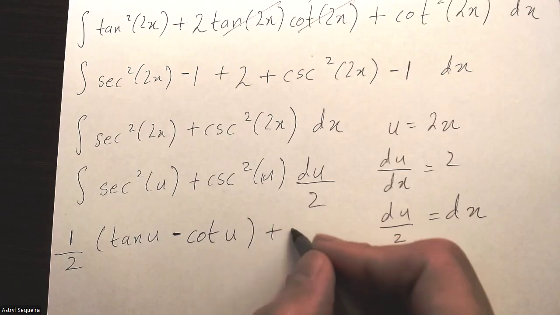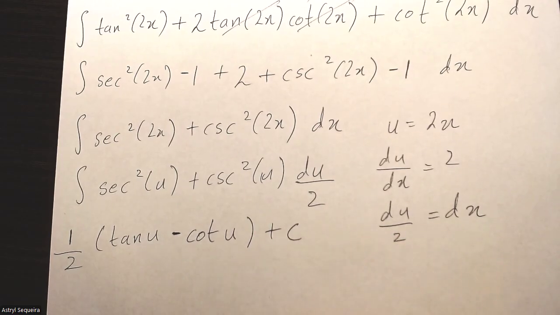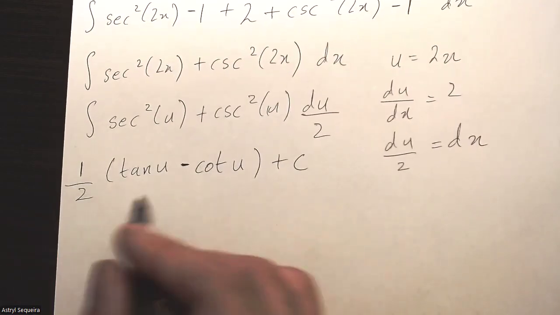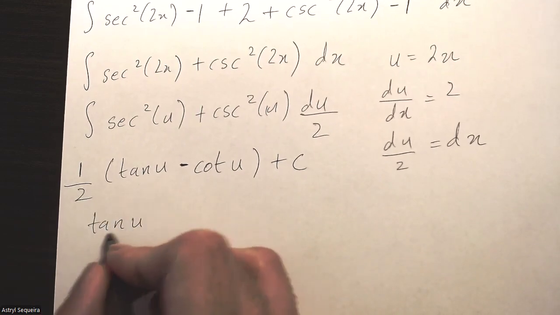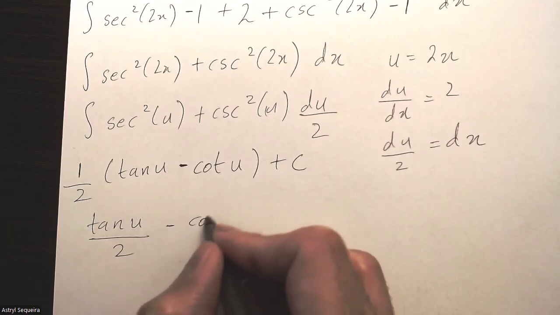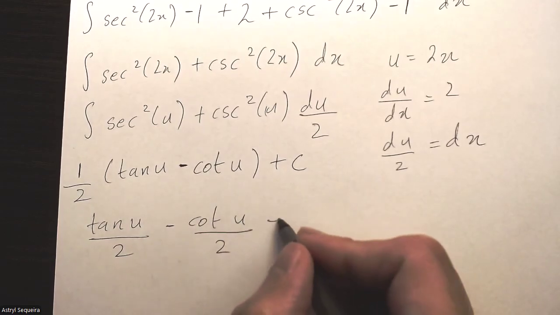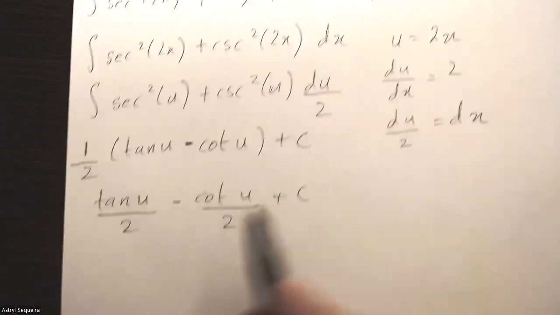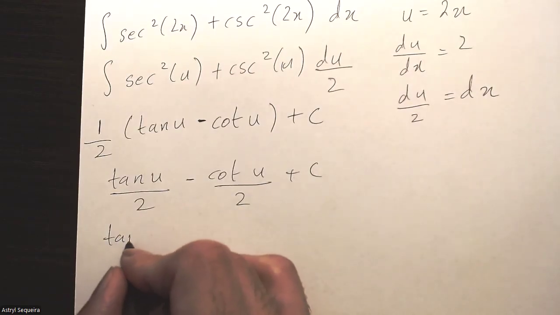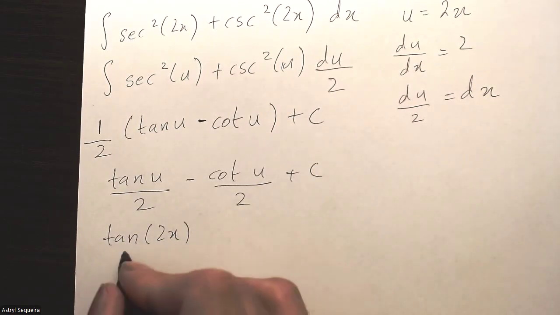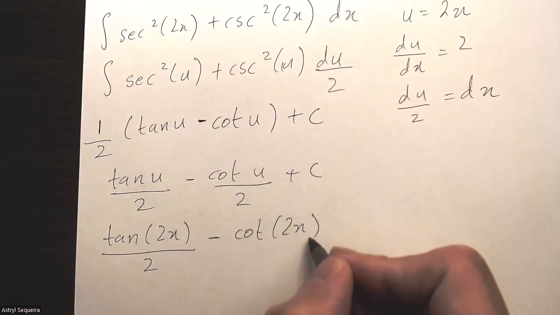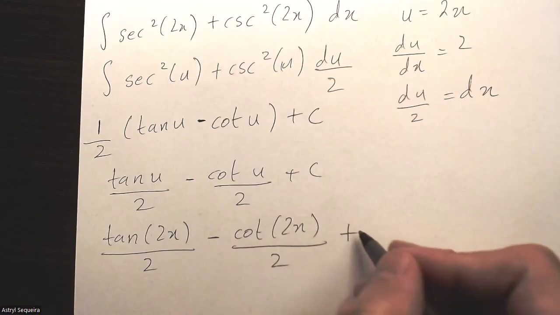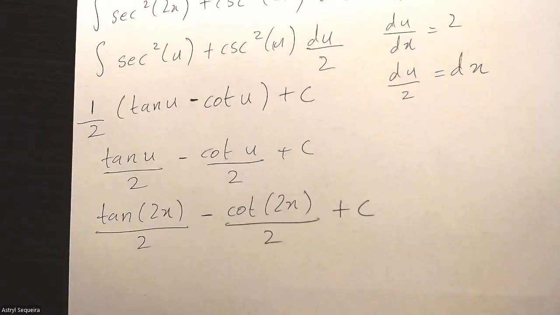And then I just have a plus c. Then we can just distribute this 1 over 2 into the bracket. So tan u over 2 minus cot u over 2 plus c. And then last step, just replacing u with 2x. So my final answer is tan 2x over 2 minus cot 2x over 2 plus c.